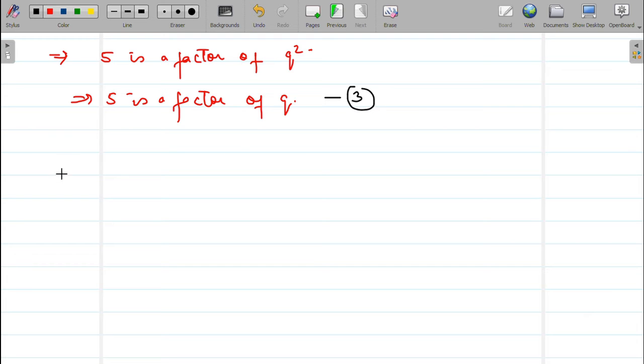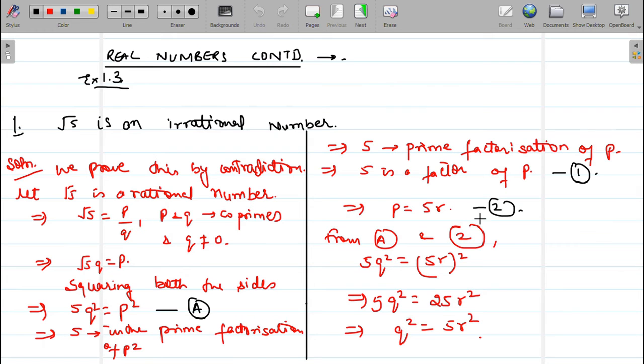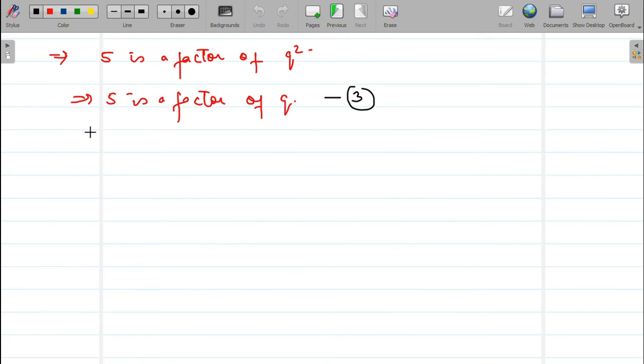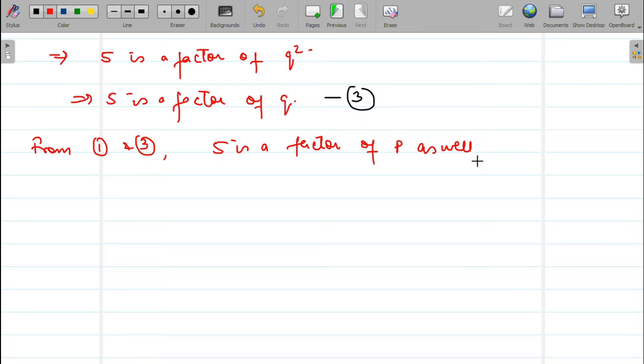The previous step we marked as 1 and now I have another one, 3. So from 1 and 3, I get that 5 is a factor of p as well as q. This implies 5 is a common factor.